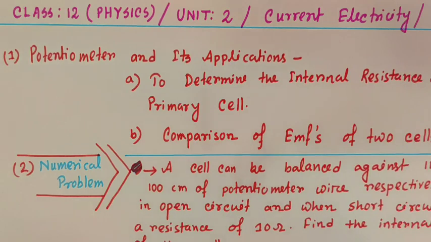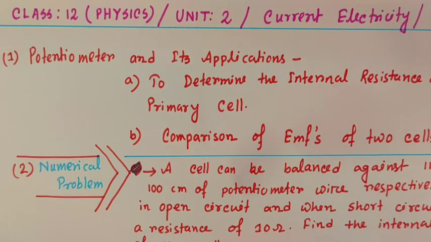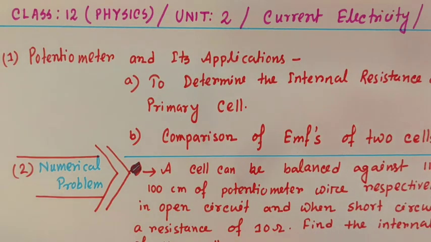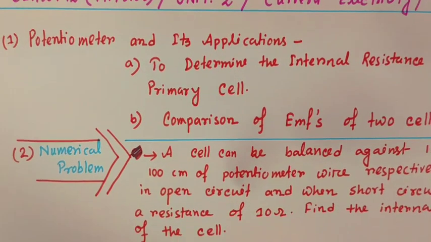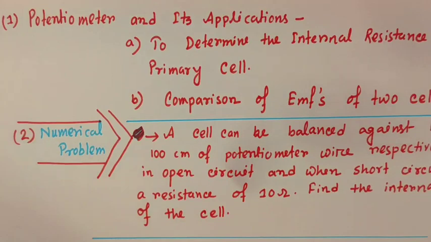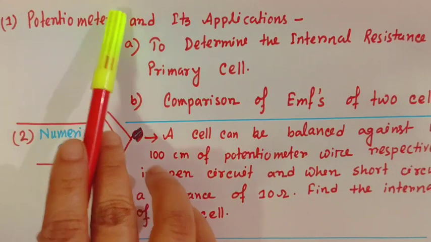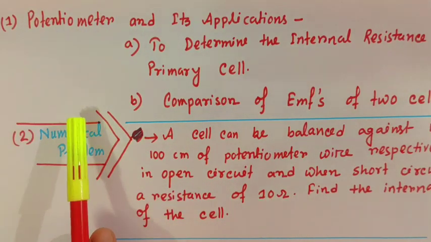Today I shall discuss the potentiometer from unit 2, that means current electricity. And after the potentiometer, we will try to find the internal resistance of a primary cell. This is one of the applications of the potentiometer.